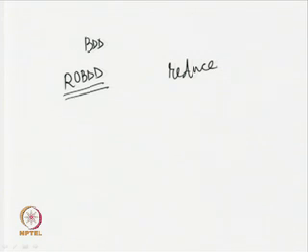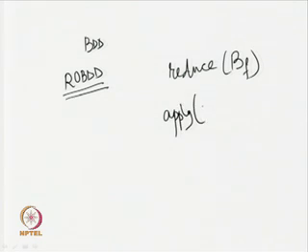With the help of this reduce algorithm, we can get a reduction of a given BDD, say Bf. Then we have seen another algorithm which is apply. With this apply, we can use any binary operation on two BDDs Bf and Bg, and this apply operation is going to give us a BDD which represents f op g.